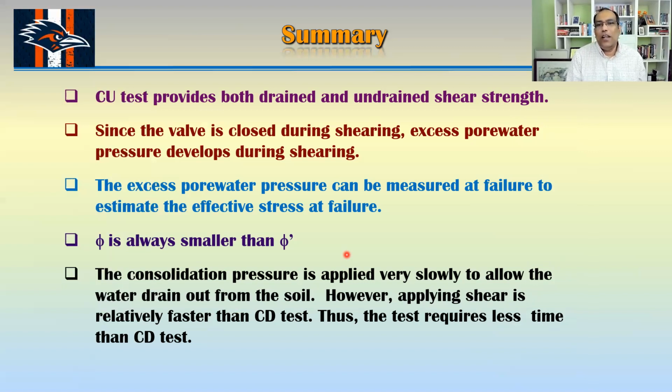For the same soil in a CU test, it will take 3 days for consolidation, but maybe 2 or 3 hours for shear, because you can go fast enough, as you don't have to make sure that the pore water pressure is 0. Since the valve is closed, you can go at a much faster rate and just measure the pore water pressure at failure. Okay.